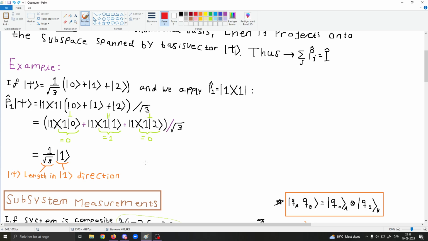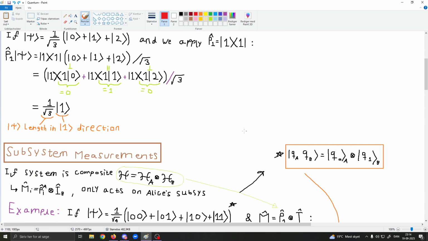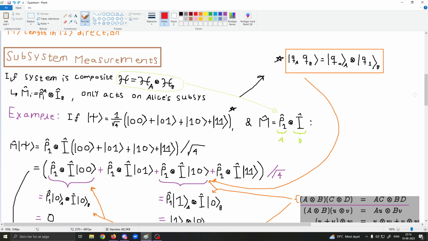It tells us how much the quantum state psi points in the direction of ket 1. Well, it points in the direction of ket 1 by amplitude 1 over square root of 3.